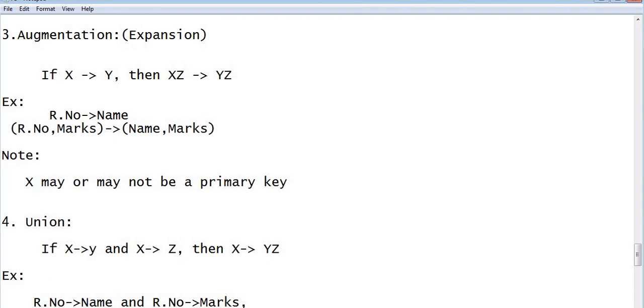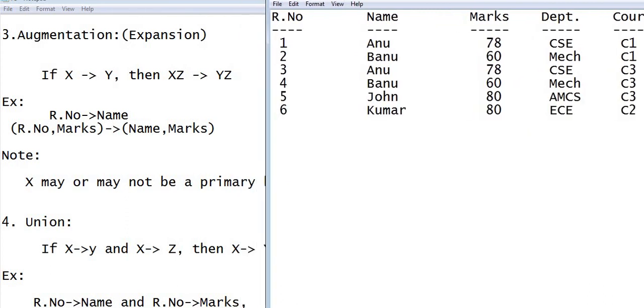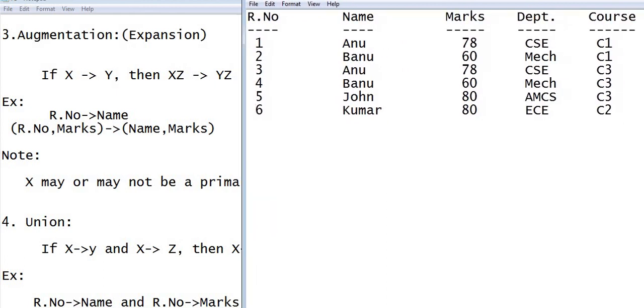We have an example table, or relation, that we already discussed. So this is the relation. We have roll number, name, marks, department and course. This is the rule: if X determines Y, then XZ determines YZ.